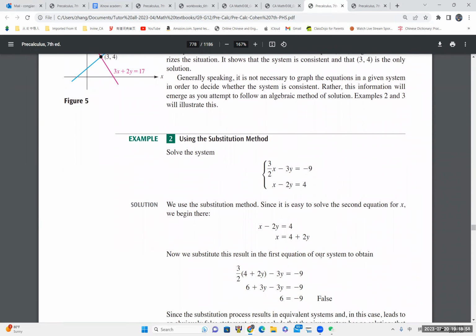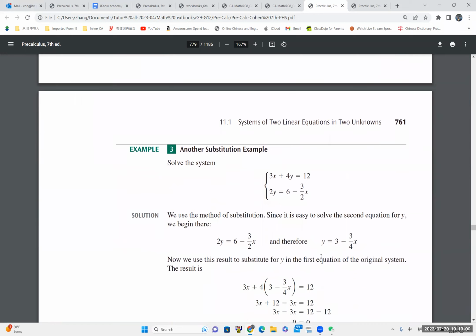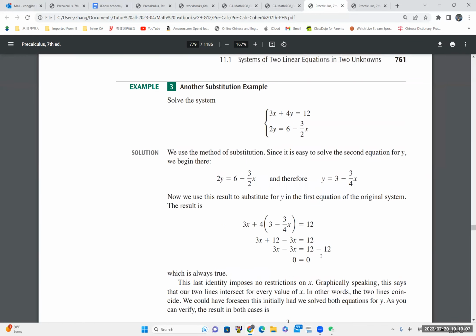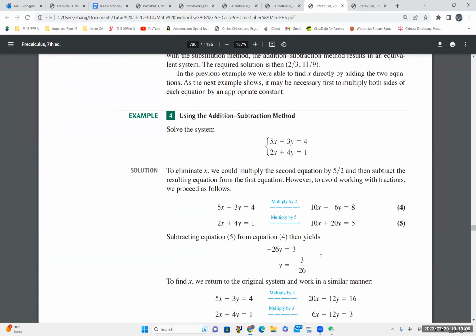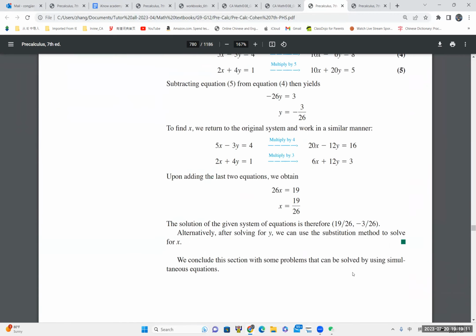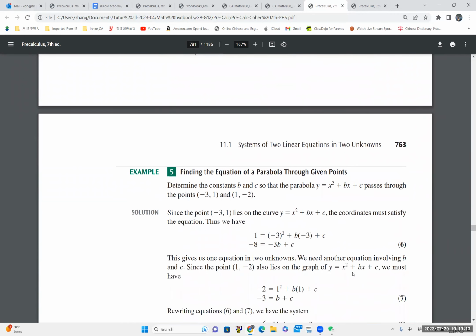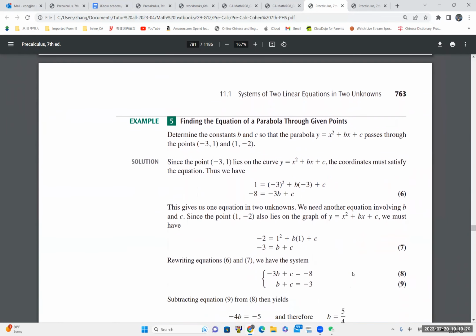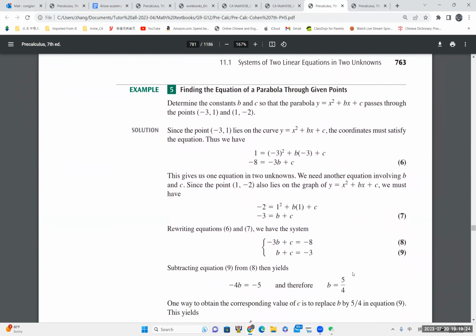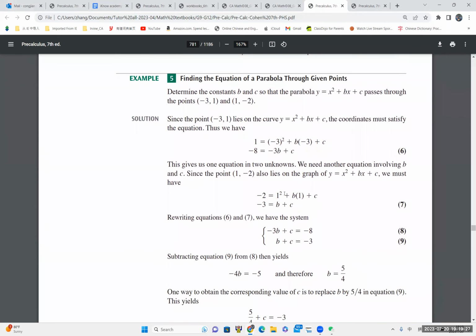Anyway, suppose this is either, right? Addition, subtraction means elimination method. Parabola through given point. Again, build two equations.